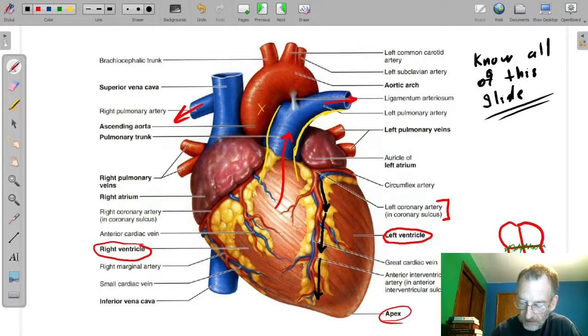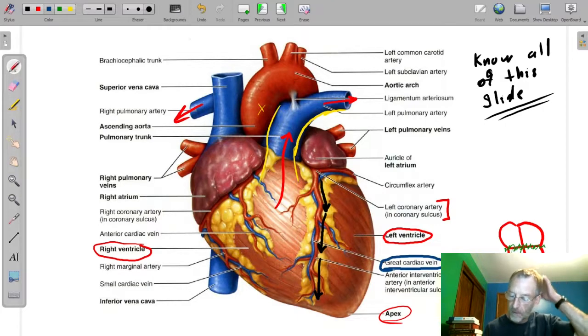The LAD is also sometimes referred to as the widowmaker, because when that one plugs up, it supplies most of the left ventricle, which is your main pumping chamber. So the vein that's next to it is the great cardiac vein. So there's the pair running together in that anterior interventricular sulcus.